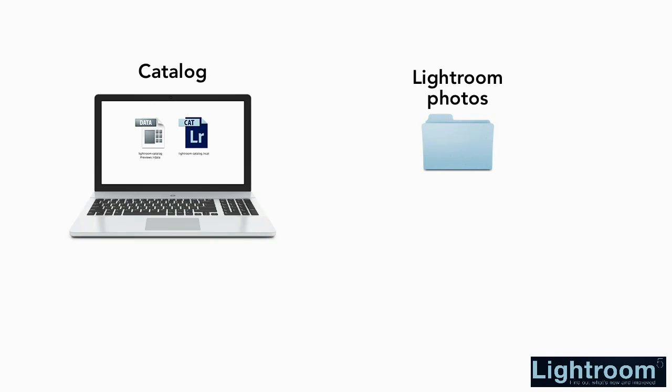You have the option to store the catalog and the photos on the same drive or on different drives. So one option is to keep the catalog and photos both on your computer. This may seem logical, but I actually don't think it's the best option. That's because the space on your computer's main drive is probably limited.